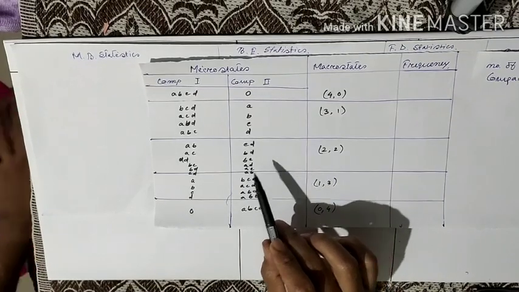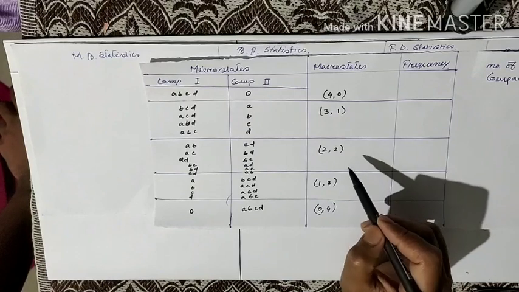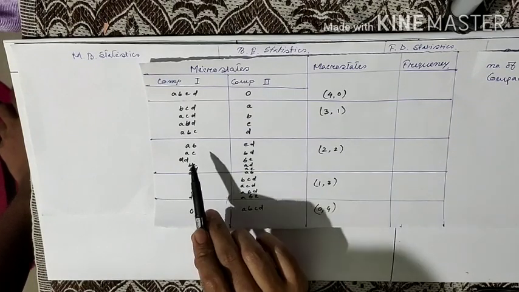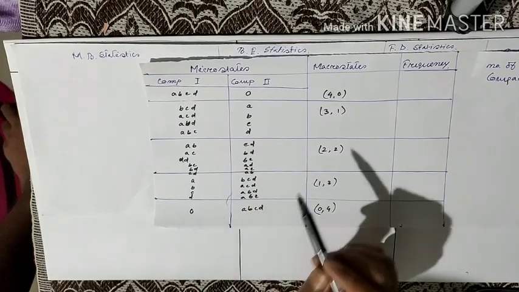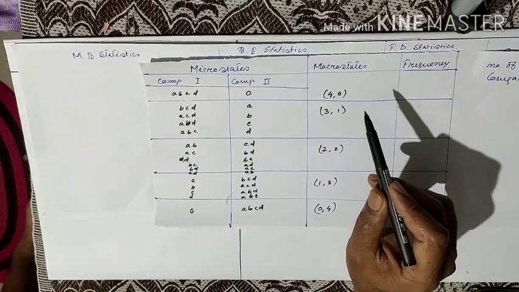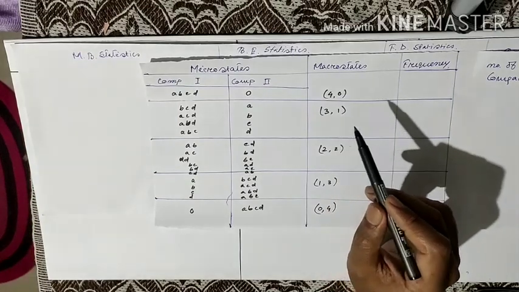In one compartment there is 2, and in the other there is 2. But in microstates we have to know whether AB is there or CD is there. So in general, to understand the properties we always use the macrostates.